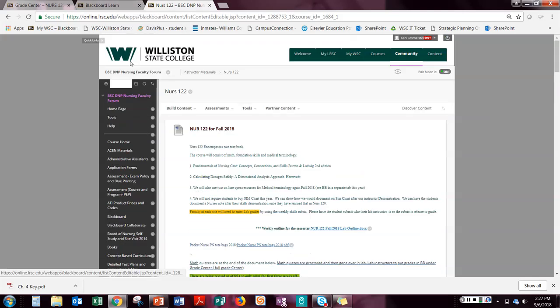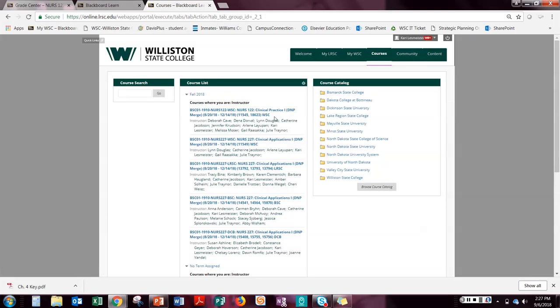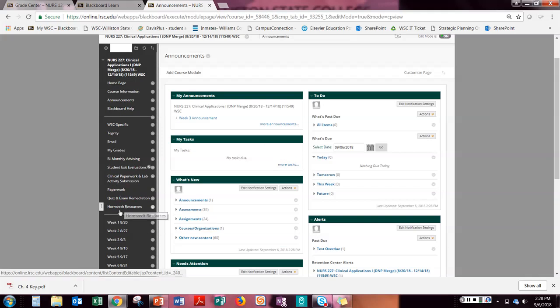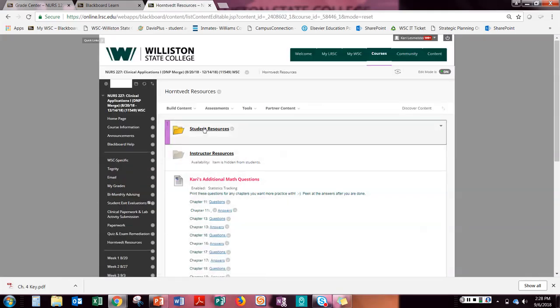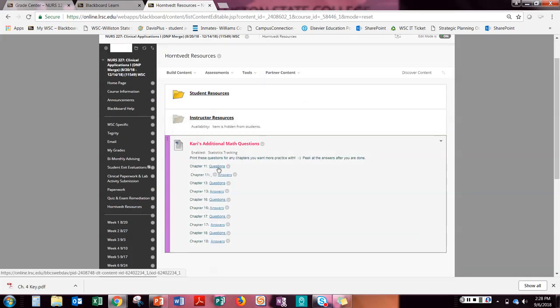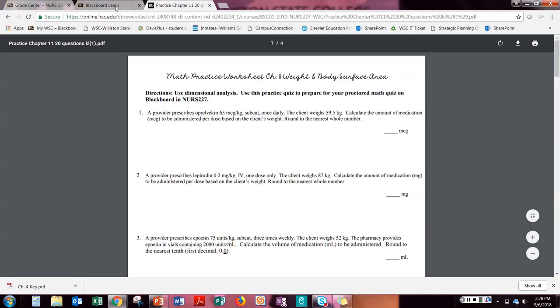So I'm going to go into Nursing 227, and I just want to highlight that in Nursing 227 I have some extra worksheets set up under Horntvedt resources here on the bottom left. There are some generic resources that came with the textbook, but I have quite a few. I have 20 extra problems from Chapter 11 listed here, and then I have the solutions right below them.